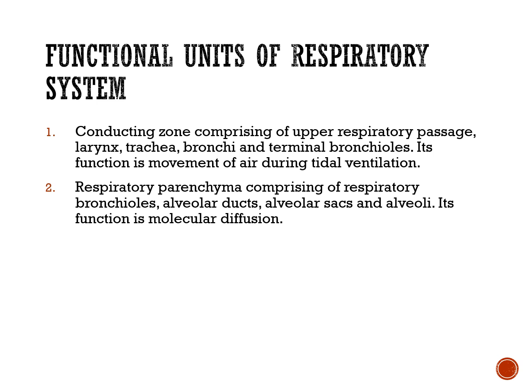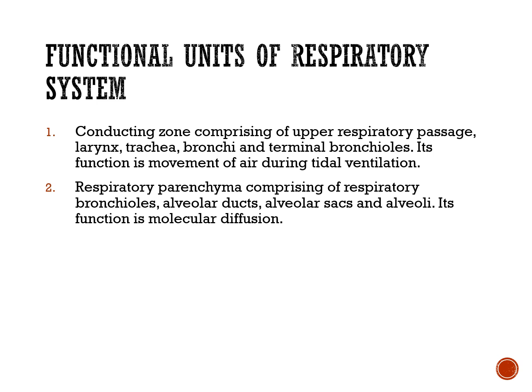The respiratory system can be divided into two major categories. One is the conducting zone, comprising the upper respiratory passages, bronchi, and terminal bronchiole. The function of the conducting zone is the movement of air during tidal ventilation.